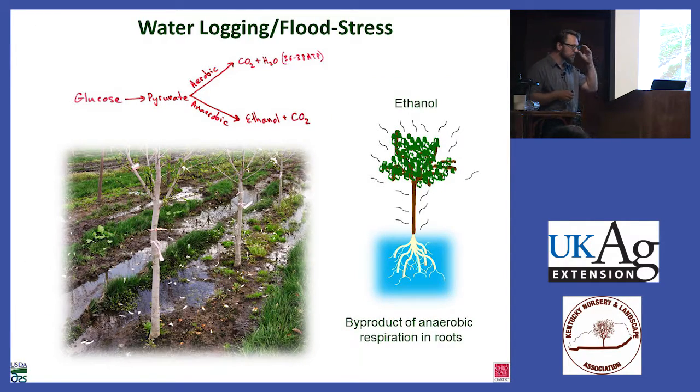In terms of flood stress, when the roots are deprived of oxygen, the tree will switch from aerobic respiration to anaerobic respiration, which is similar to what they're doing here at the distillery. A byproduct of that is ethanol, and so as a result of being flood stressed, the tree will emit ethanol.